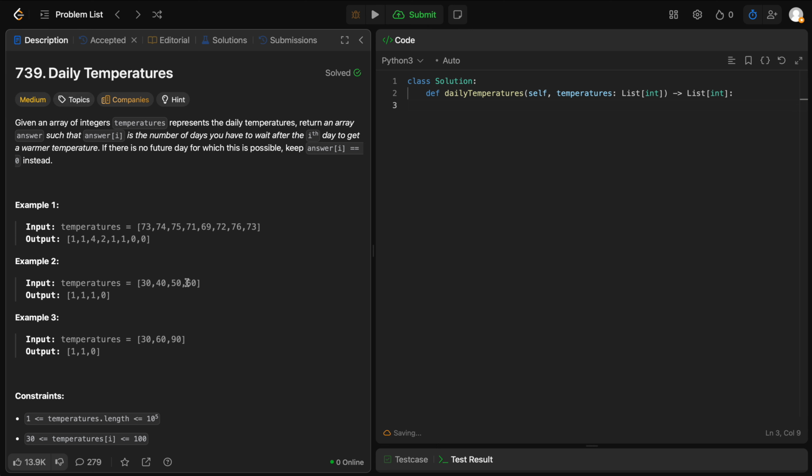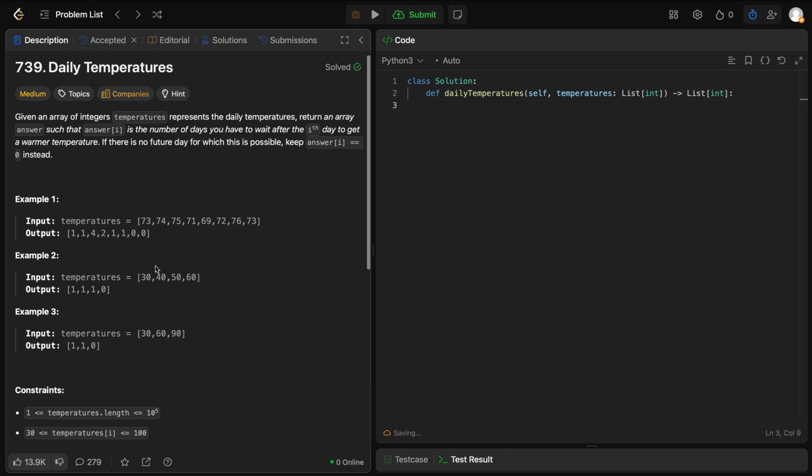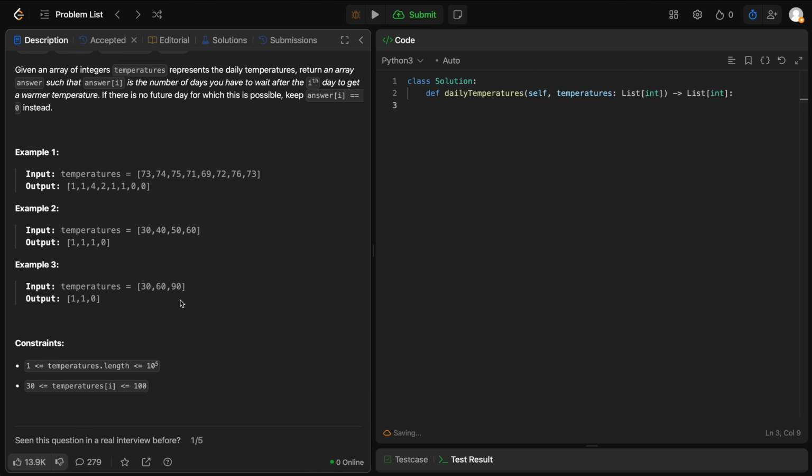I did solve this problem previously by remembering. I passed through all the temperatures and made a dictionary where the key is the temperature between 30 and 100, and the value is a deque of indices where that temperature occurs.